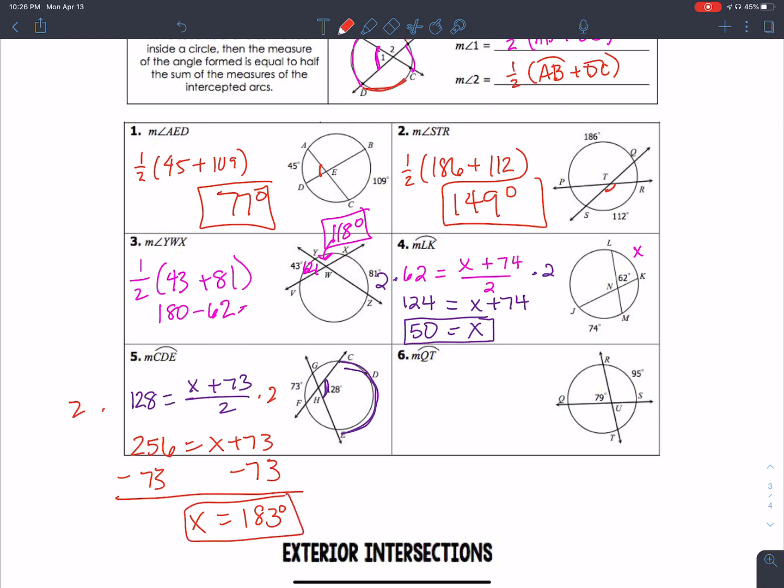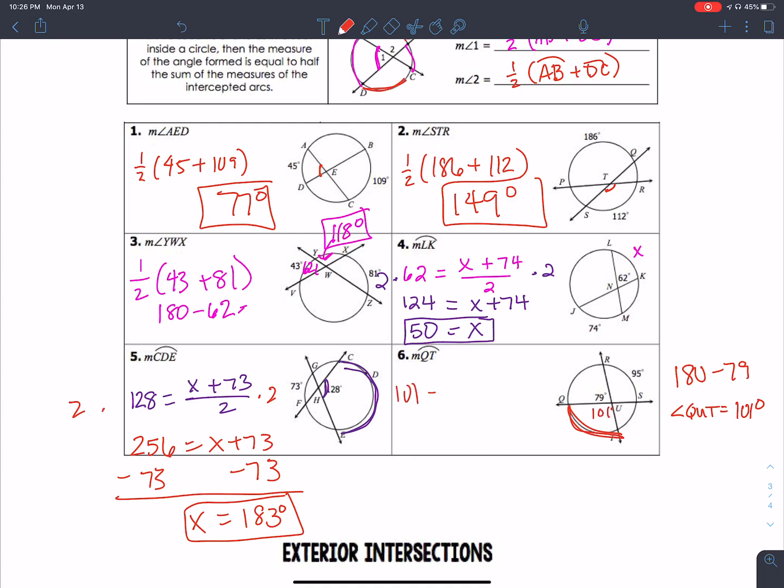Alright, this one I want arc QT. Well, I don't have the angle that I need. But remember, if I want to go angle to angle, I just subtract from 180. So 180 minus 79 gives me angle QUT, 101 degrees.